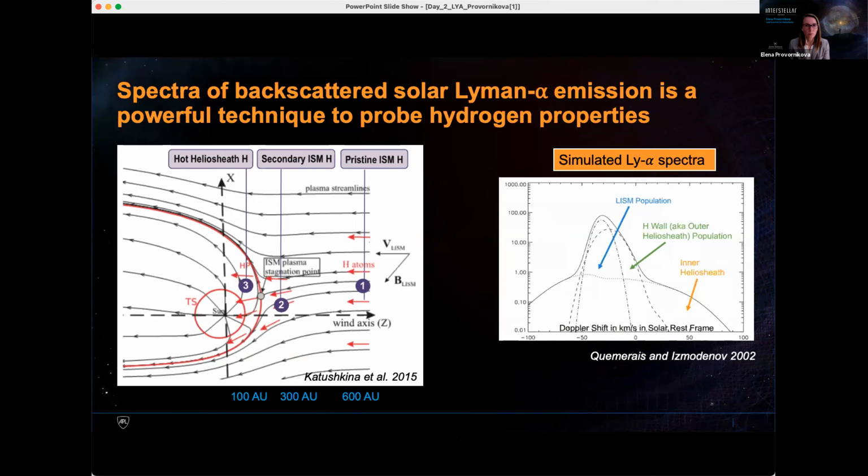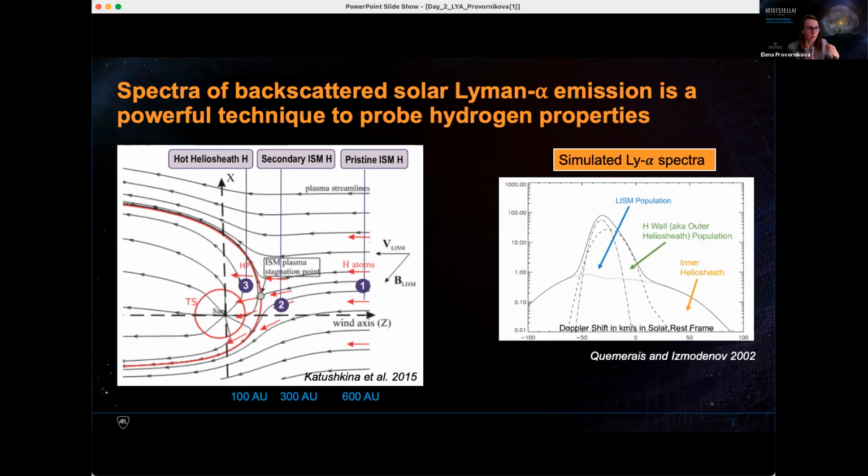And the spectral properties of this backscattered Lyman alpha emission, such as line width and line shift and overall line shape, line profile, depend on velocity and spatial distribution of interstellar hydrogen inside the heliosphere. So Lyman alpha data provide us very important information about hydrogen properties, which are inside the heliosphere.